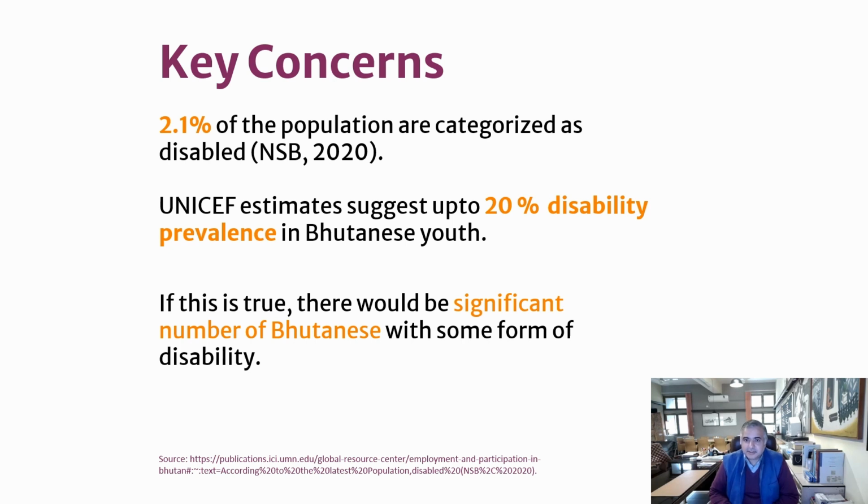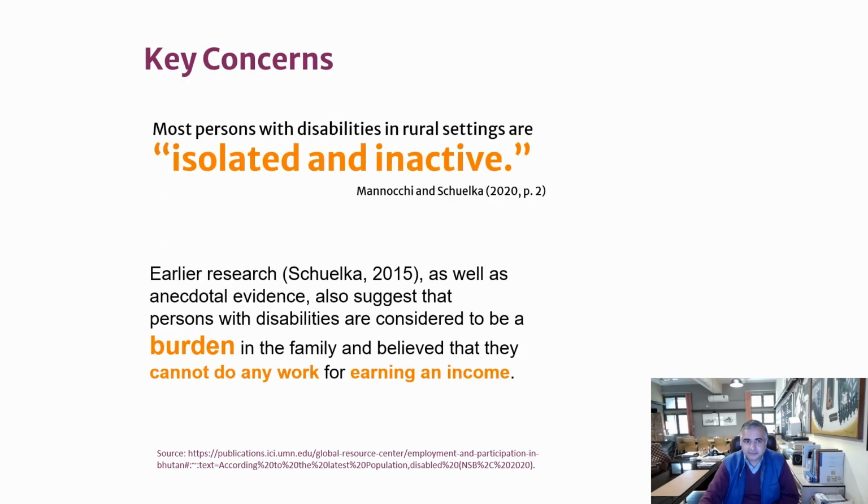UNICEF estimates suggest up to 20% disability prevalence in the Bhutanese youth. The question is whether either of these percentages is something that remains a fact. If that was true, there would be a significant number of Bhutanese with some or the other form of disability, which is quite a concern.